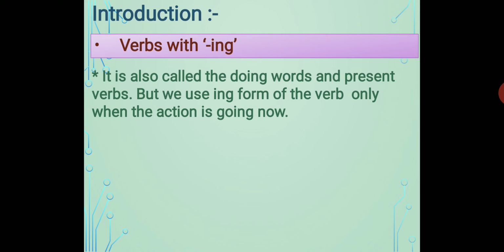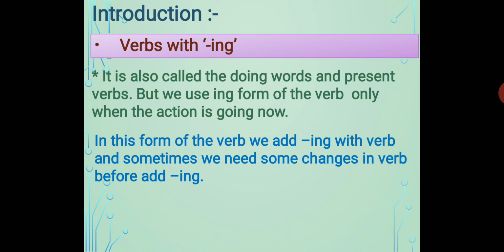But we use the ing form of the verb only when the action is going on now. It means that when the action is going on while we talk about it, then we use the ing form of the verb.